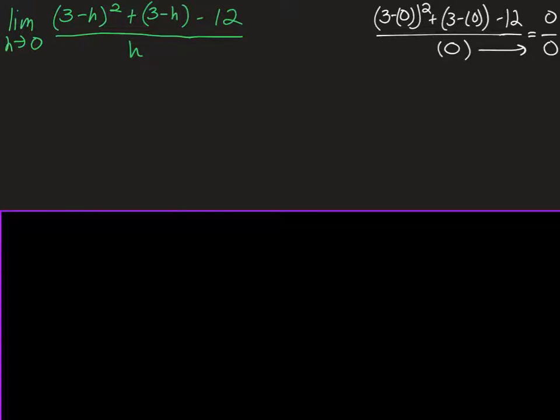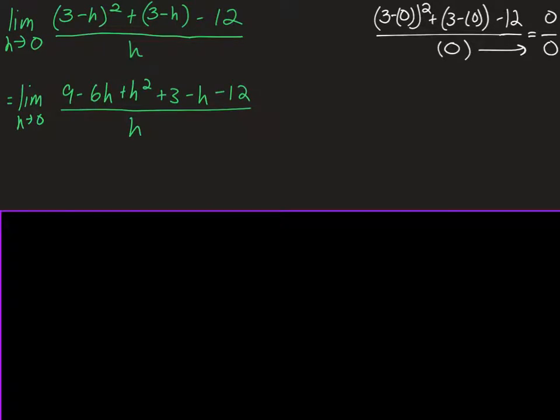Well, the only way to figure out this limit is to distribute everything out in the numerator. So I've got to distribute this out, distribute the 1 here, technically speaking, and then combine all the terms up here. So after you distribute this out before you collect like terms, it'll look like this. There we go.